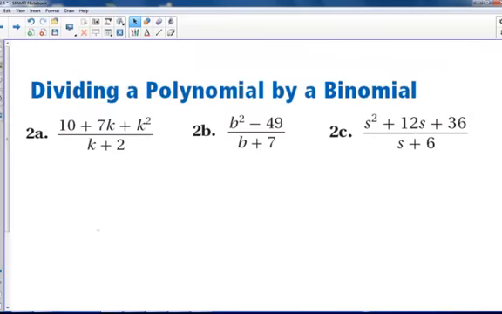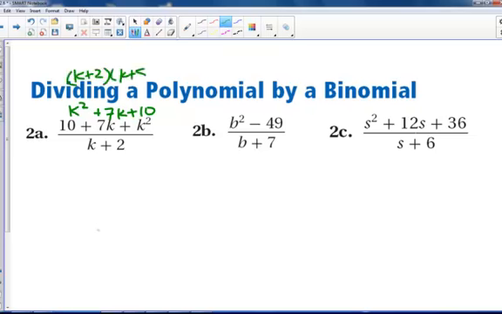So these are all factorable. Let's just do them really quickly. I'm going to rewrite this as k squared plus 7k plus 10. So that factors into k plus 2, k plus 5. So the k plus 2's cancel. We would be left with k plus 5.